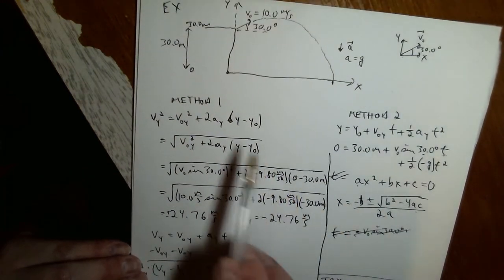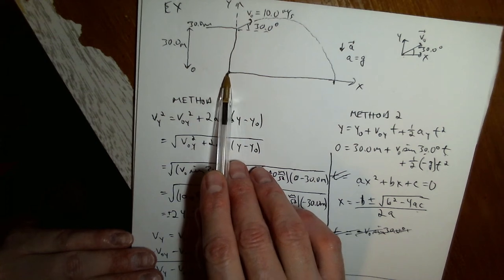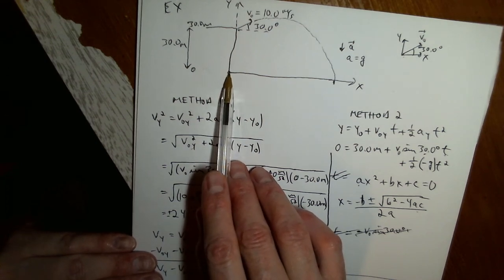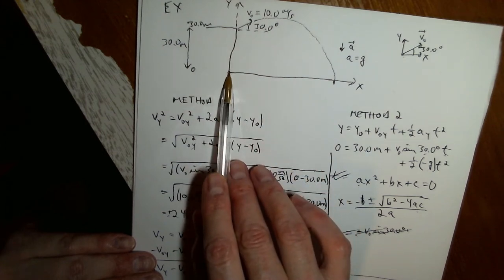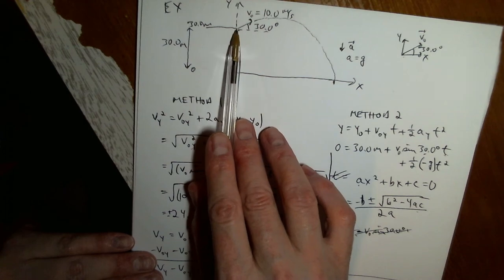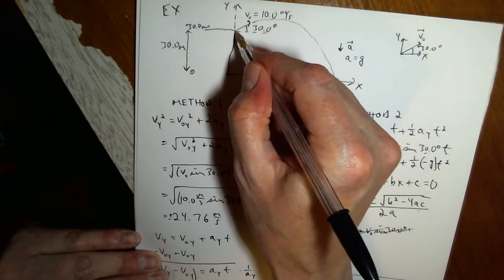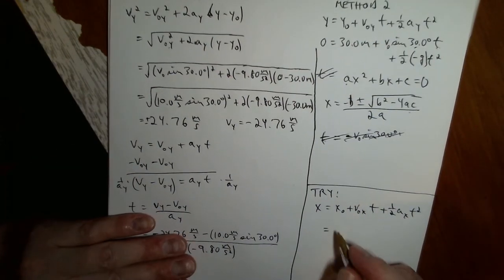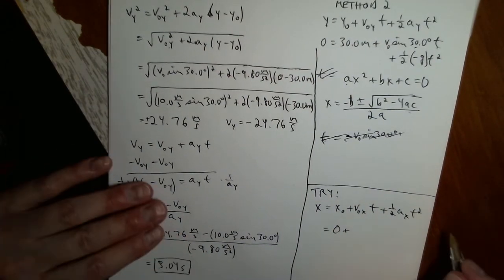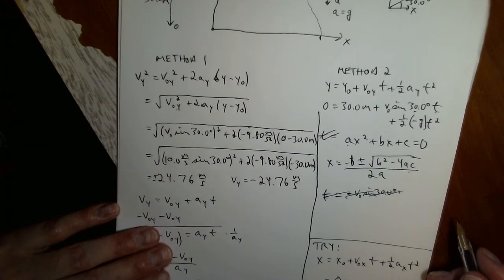The initial value of x, the x at time 0, was 0 because I called the base of the cliff the origin. So the ball started at x equals 0. X equals 0 and y equals 30 meters is the location of this point. So x sub naught is 0 plus v sub naught x t.